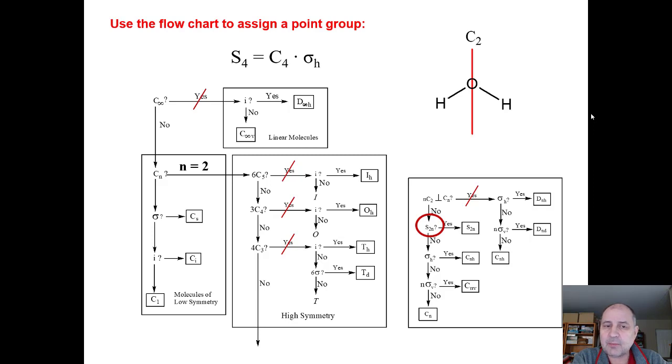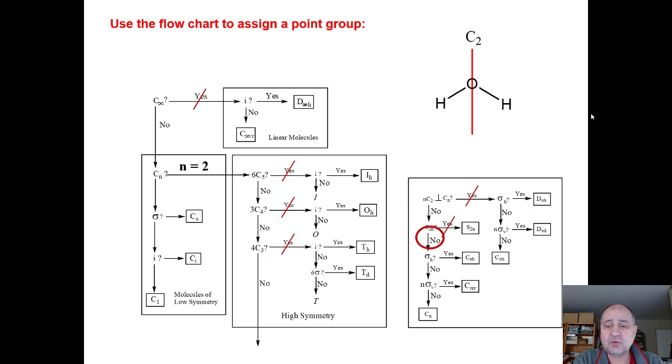I'd just like to elaborate that if you do have a molecule that has a C4 and a sigma h, then it definitely has S4s. If they have standalone C4s and sigma h's, or if it's an S3, you would have to have a sigma h and a C3. If you have those, then you're good to go, but you don't have to. In this case, it would be really wacko. You'd have to have a 90-degree rotation followed by a horizontal mirror, and that just doesn't work in this case. So the answer is no.